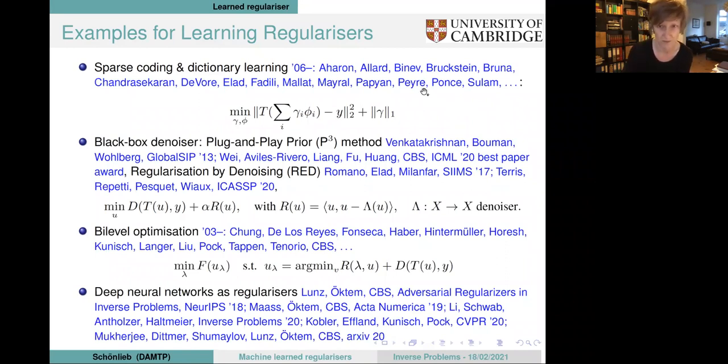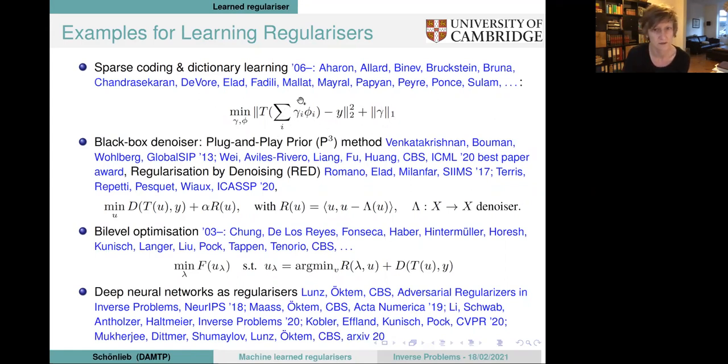I don't know exactly why, but the idea here is that you again want to reconstruct the solution to your inverse problem by using a sparsity regularization, an L1 type of regularization. You do this by expanding your solution as a linear combination of what is here called dictionary elements, and then you want the coefficient vector to be sparse.